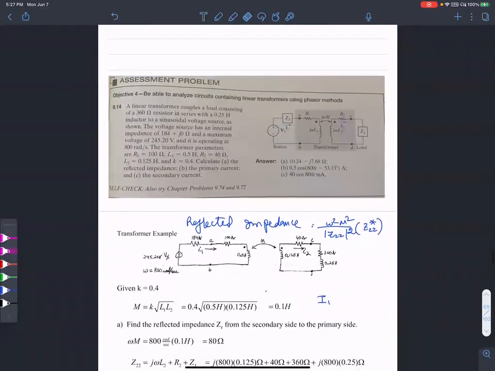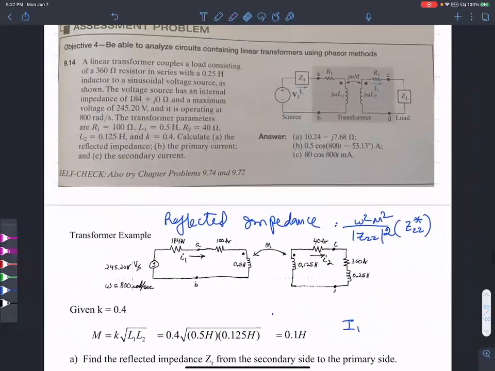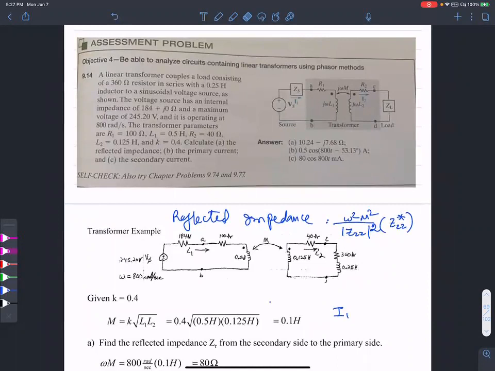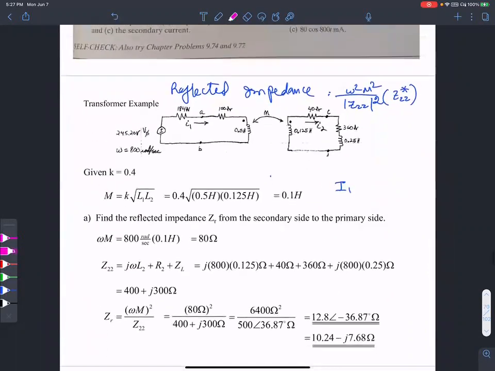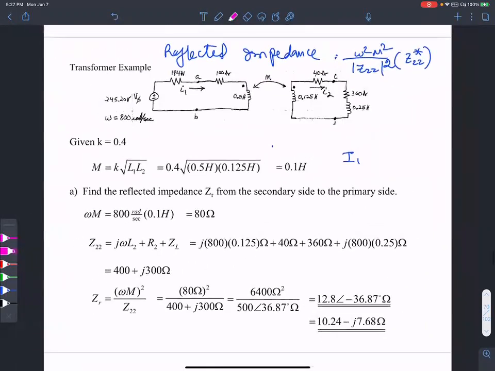Then there's an example problem. We can look at an example problem, or maybe we can skip it, since the videos posted by Professor Tetro talk about these. So M is K times the square root of L1 L2.